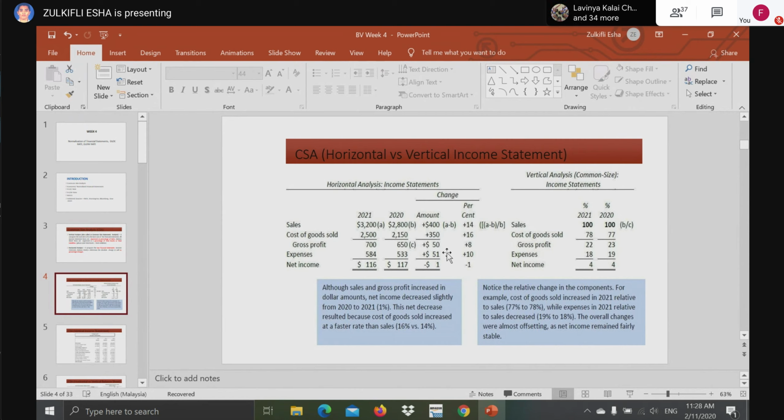So there is a 51 ringgit increase between these two years. In terms of net income, in 2020 we managed to produce 117 net income, but in 2021, our net income is only 116.